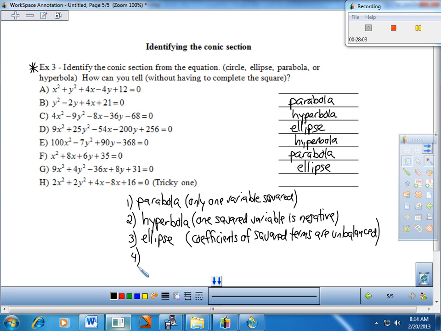So circle is kind of the last one that I look at, and basically the coefficients are the same. So coefficients of squared terms are the same, and they both have to be positive, of course.